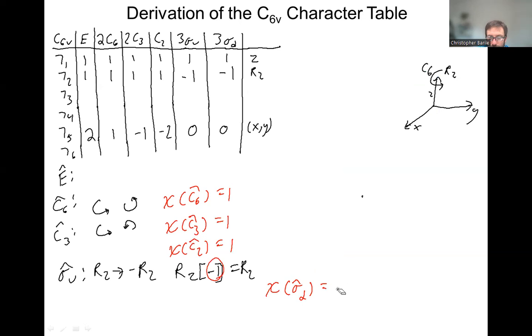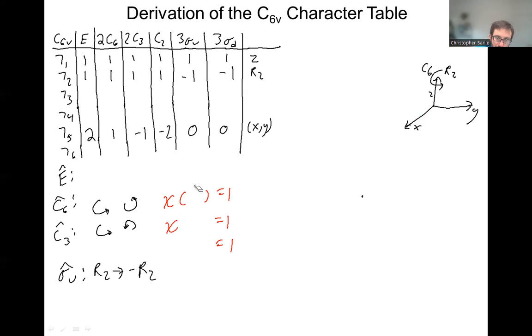And at this stage, anytime you generate a new vector, it's a good chance to check to make sure you did it correctly, by checking to see if the new vector you generated is orthogonal, and it should be orthogonal with all the other vectors that you already have. That's one of our character table rules.